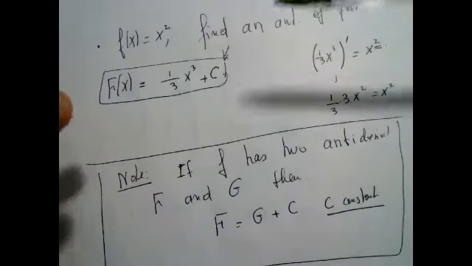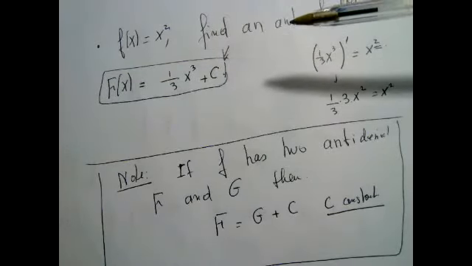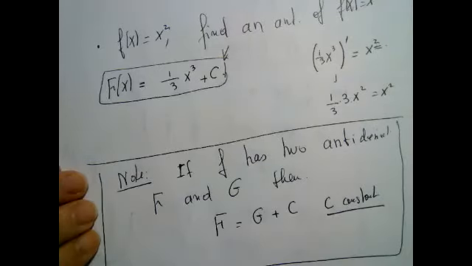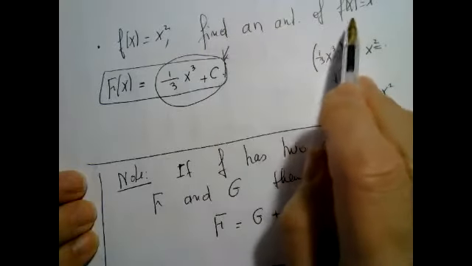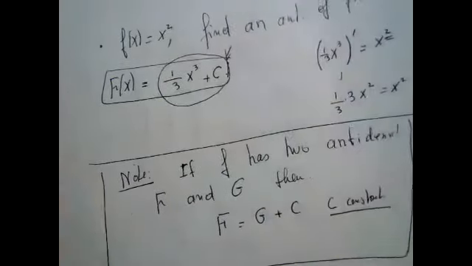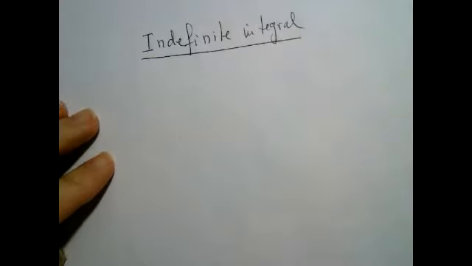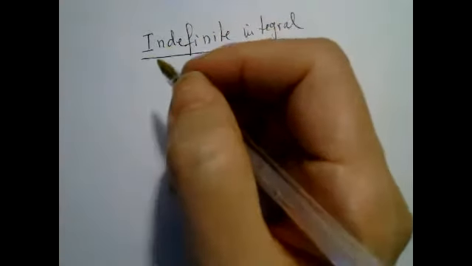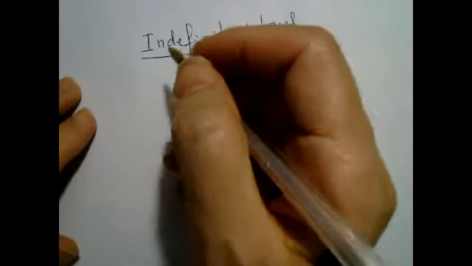The indefinite integral is a symbol that, next section, I will explain where it comes from. It's a symbol that represents the antiderivative. So instead of saying an antiderivative of f is this, we're going to introduce a symbol which represents the antiderivative, and the symbol will be called indefinite integral. So what's the indefinite integral? It is nothing more than a symbol that represents the antiderivative.